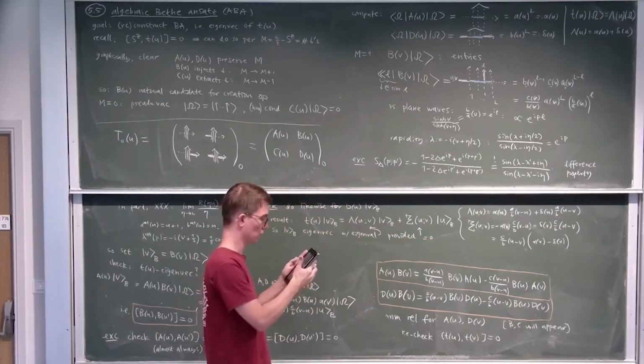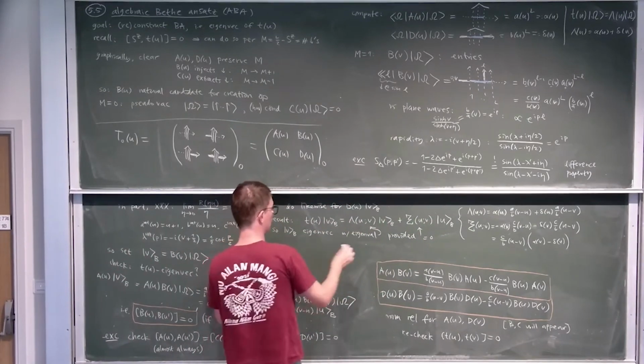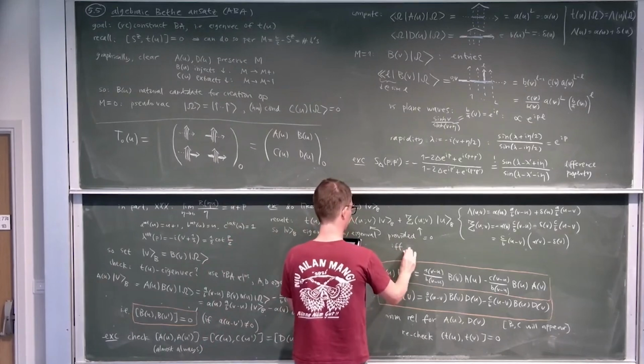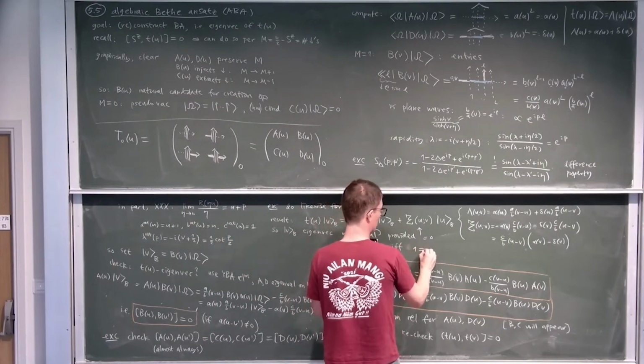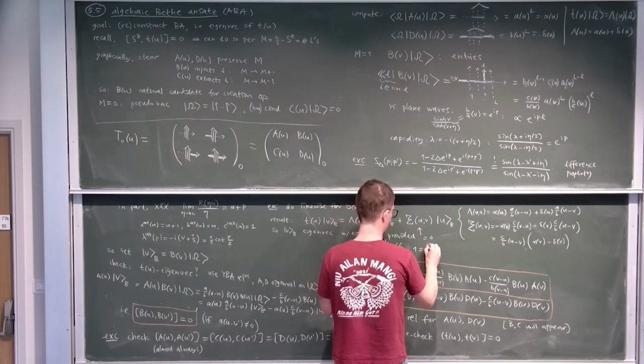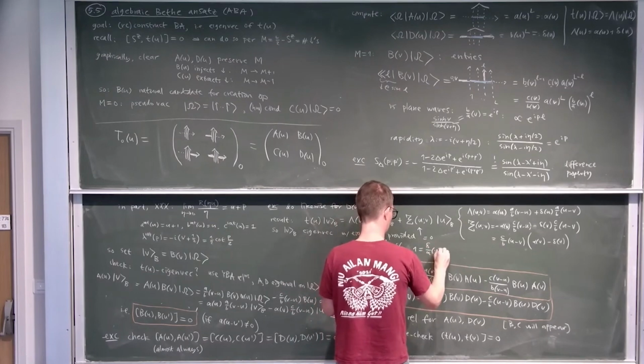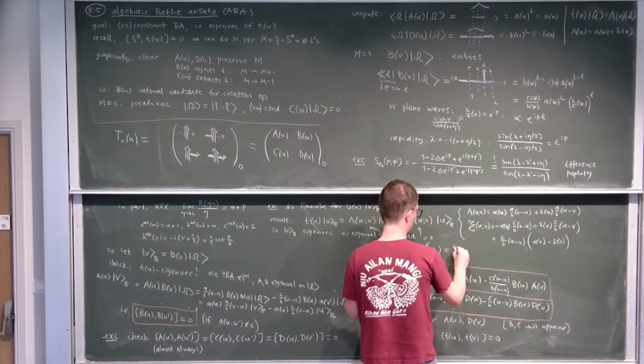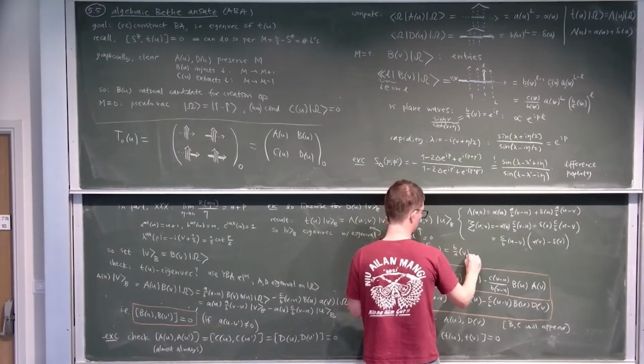So this psi should be equal to 0. And this last one is true precisely when, I'll rewrite this a tiny little bit, 1 is equal to delta over alpha of V.